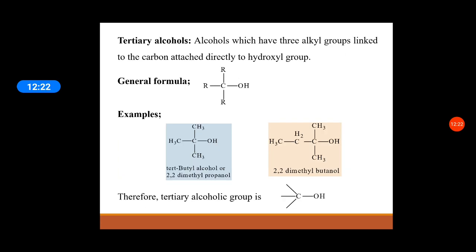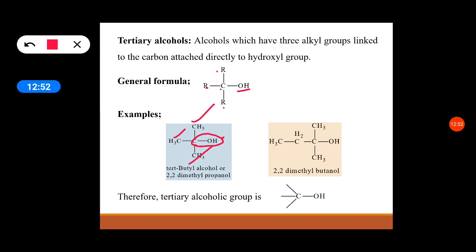Tertiary alcohols, here alcohols which have three alkyl groups linked to the carbon attached directly to the hydroxyl group. See, the carbon atom which is linked with the OH group has adjacent another three carbon atoms. For example, tertiary butyl alcohol, the carbon linked with the OH group has adjacent three carbons.